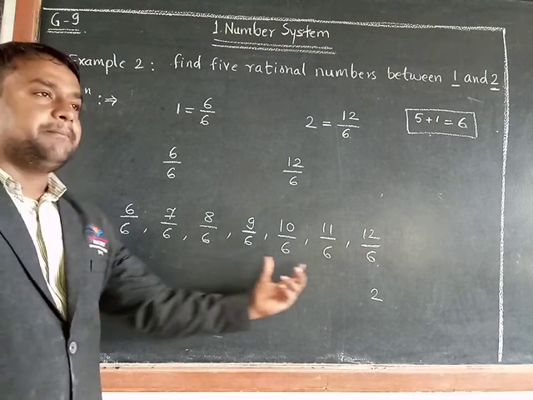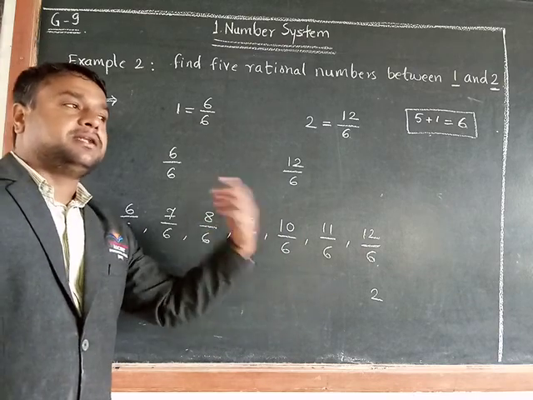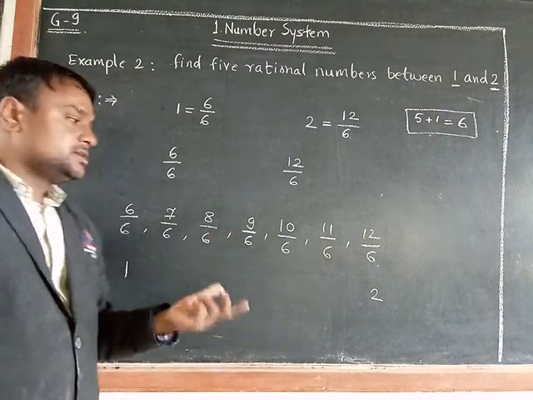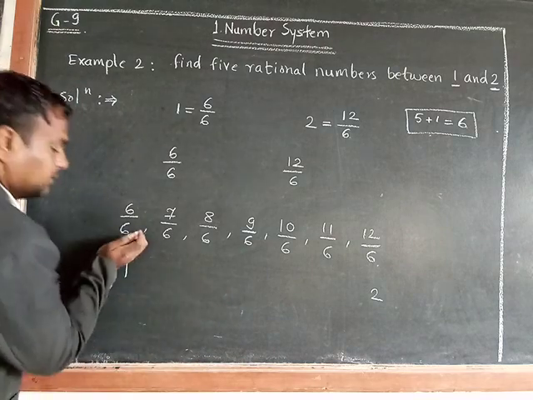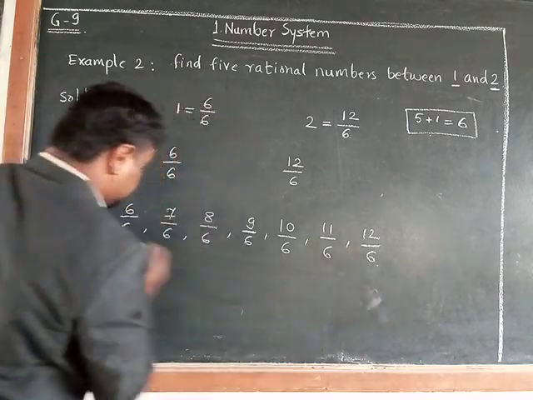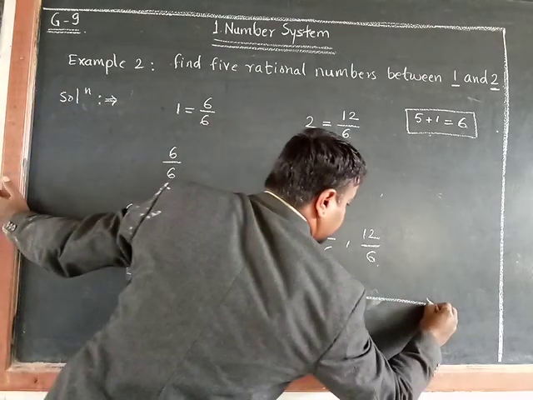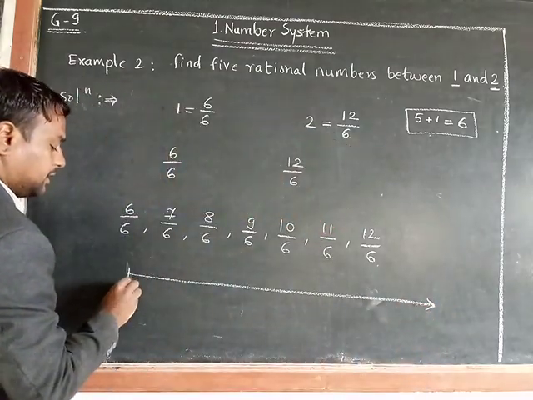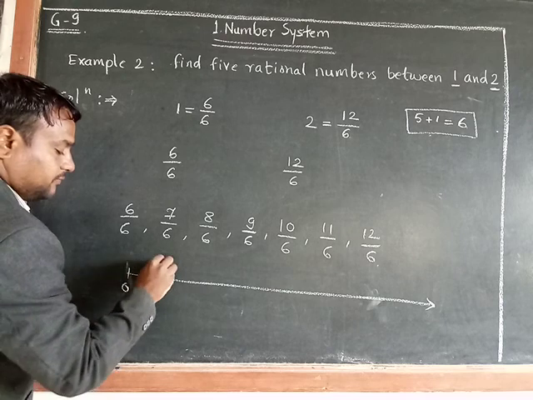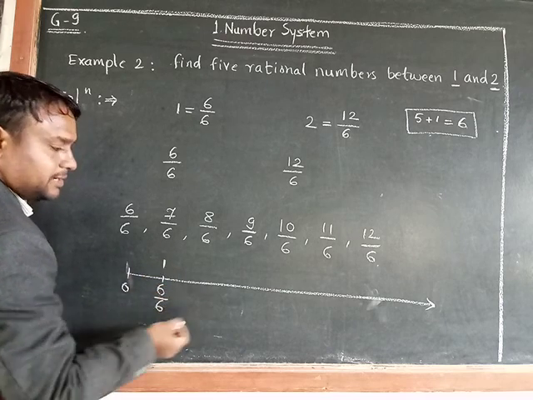We already know the number line and how to represent numbers on that number line. So easily you can find out. For example, if you take a number line and over here is the 1, so 6 upon 6 we can represent as the 1.